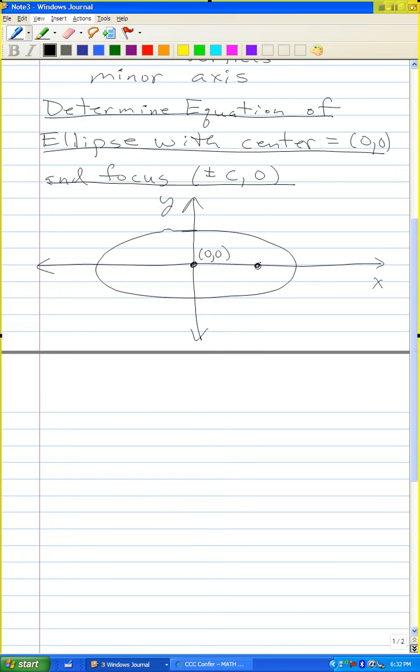And here I have some foci, minus c, 0 and c, 0. Okay.